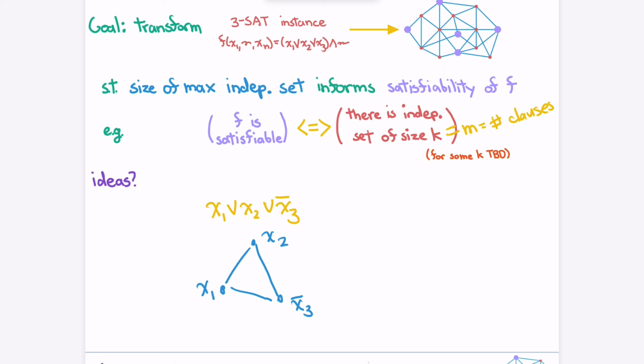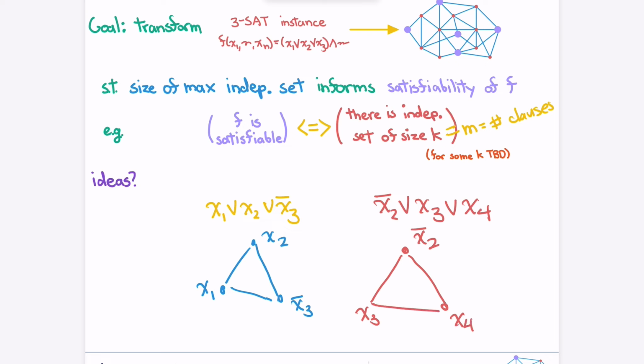That'll be one clause. So if I had another clause, like x2 bar or x3 or x4, I would make another one: x2 bar, x3, x4. Every time I make one of these triangles, I can only choose one of these vertices in an independent set. So you can only get at most 1 point per clause.